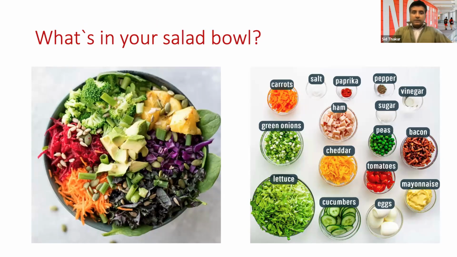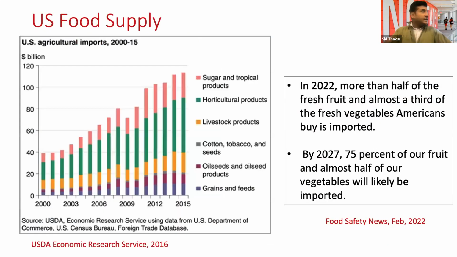One thing we have to keep in mind is that when you look at the US food supply, we are importing food products from many, many different countries on a daily basis. There's the constant need of wanting to eat that food 365 days a year, but somebody has to grow it somewhere, right? And so that is something to keep in mind.